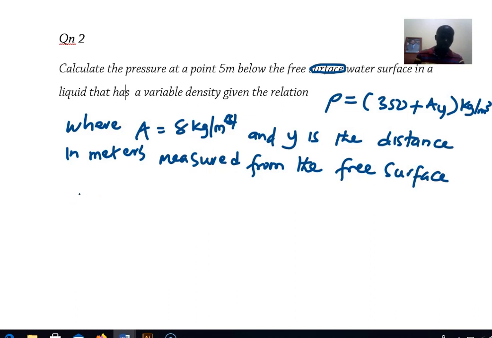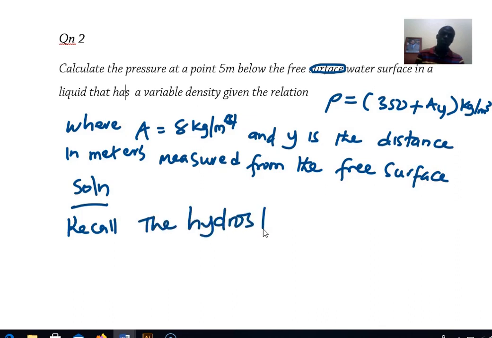So if we are to solve this, in the solution we shall record the hydrostatics law.